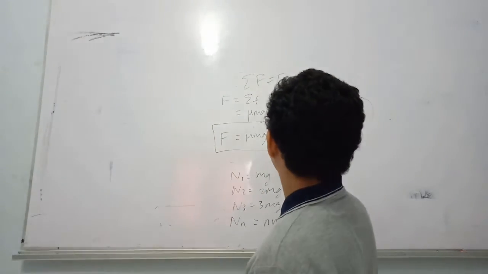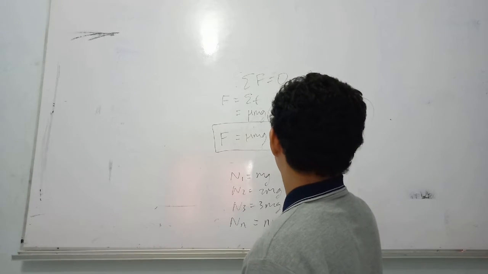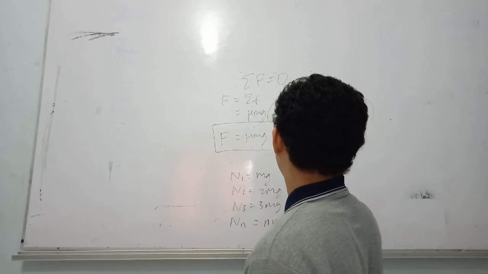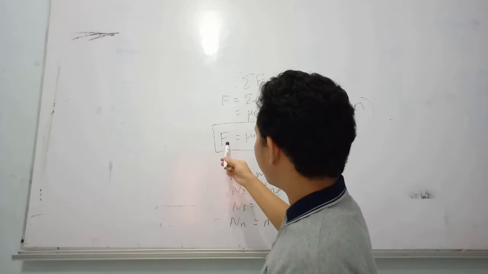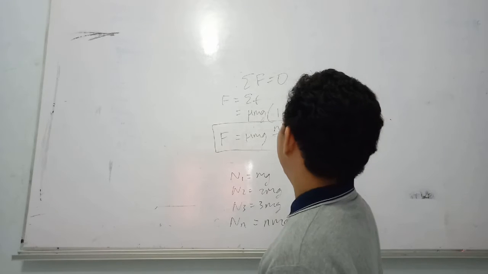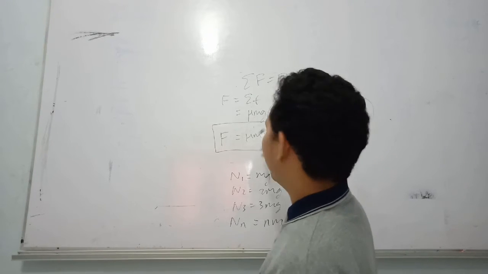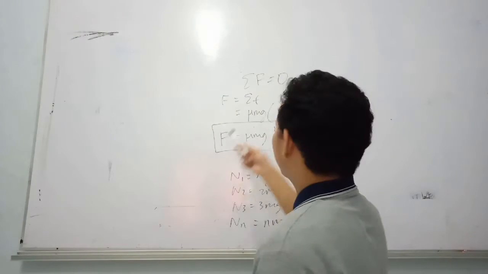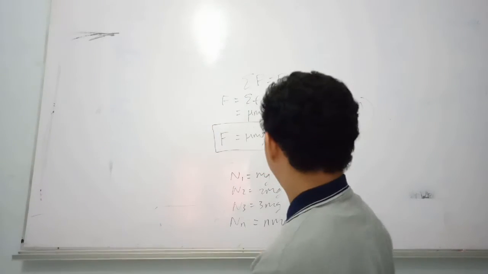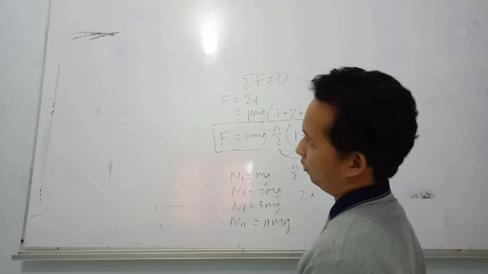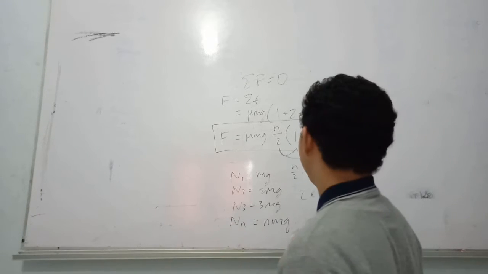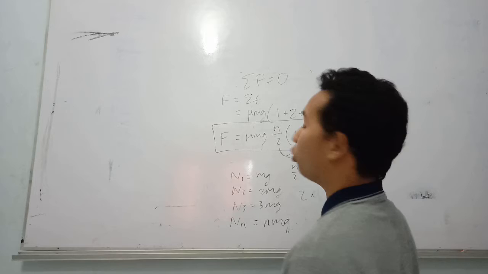Now if you pay close attention, n over 2 times n is n squared over 2. And so the force here is not linear to the number of pages, it's quadratic. So if the number of pages is doubled, the force will be quadrupled.